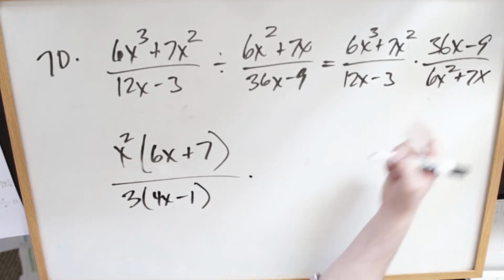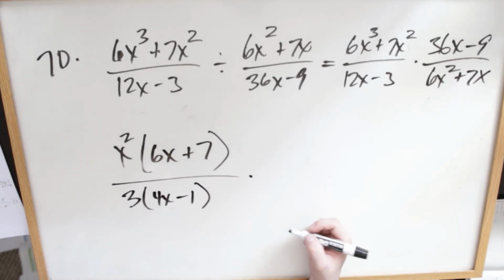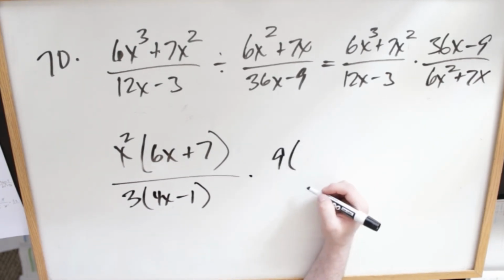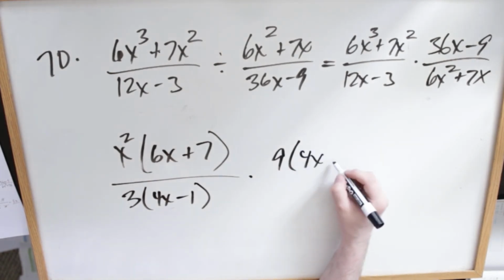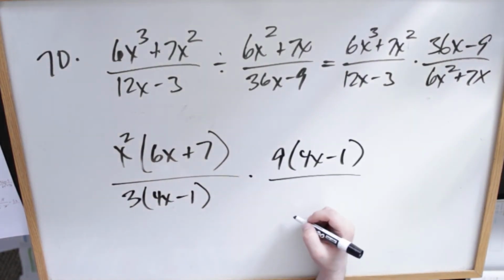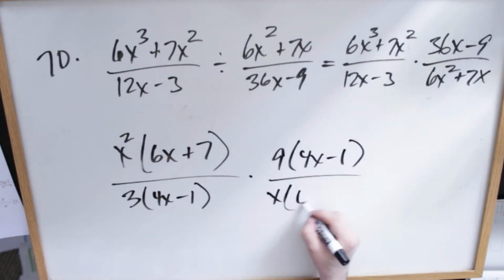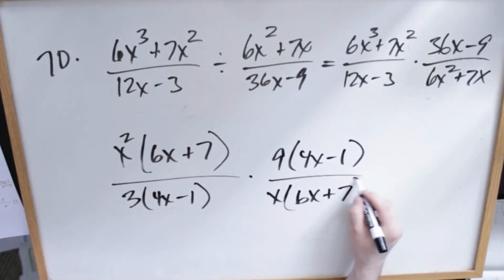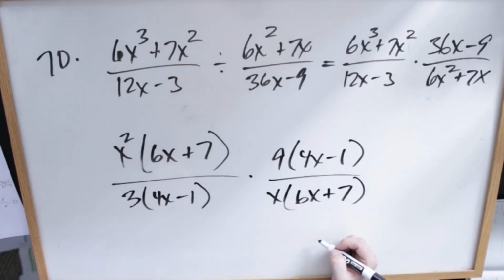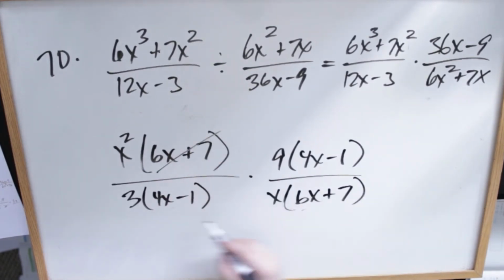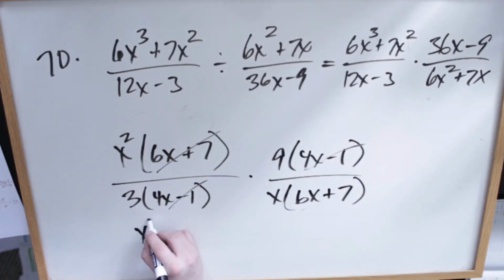And then over here, I can pull a 9 out, and I'm going to have 4x minus 1 as well. And I can pull an x out here, and this is going to be 6x plus 7. Okay? So take a look at what happens. That cancels with that. That cancels with that. And I'm left with x squared times 9 all over 3 times x.